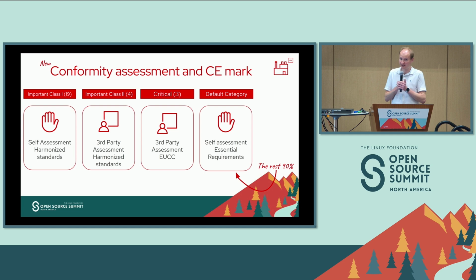Now, for the default category, the good news is that self-assessment is enough, and it is enough to follow the essential requirements that are captured in the body of the CRA. But the problem is that the requirements that I just showed you on the previous page are not clear so far.